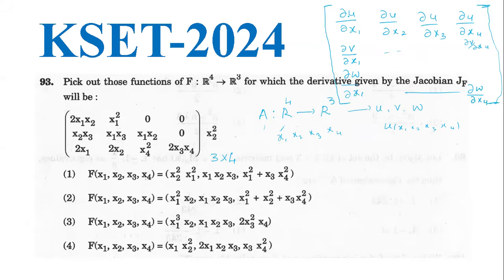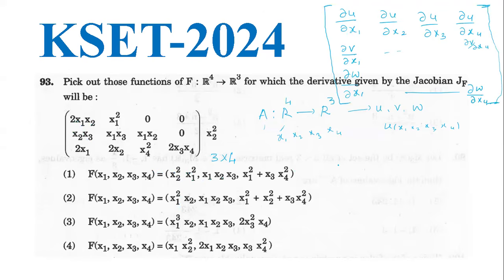First, the partial derivative of u with respect to x1. See, partial derivative of u with respect to x1 means 2x1.